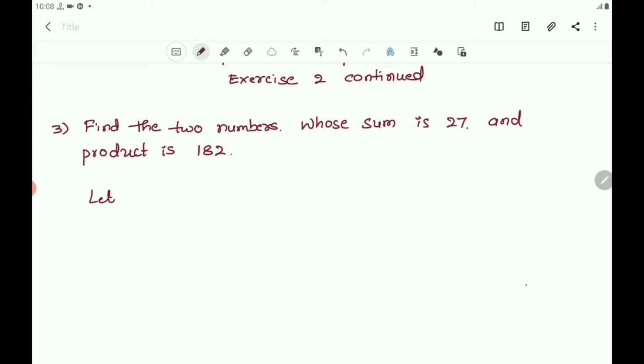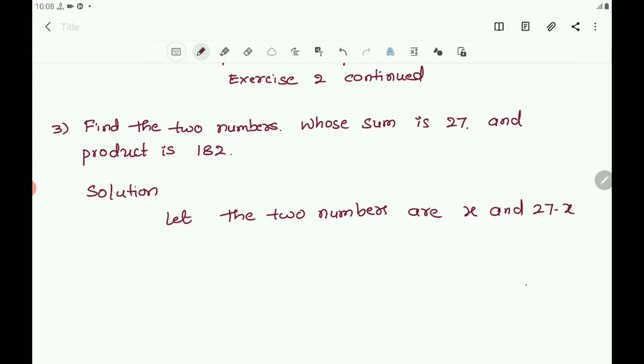Let the two numbers be x and 27 minus x. So you write the solution here.